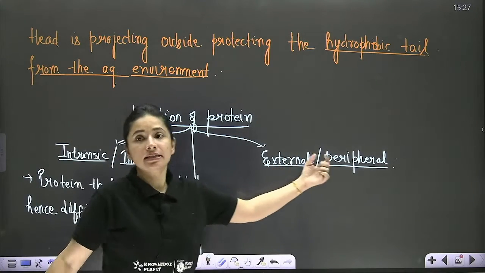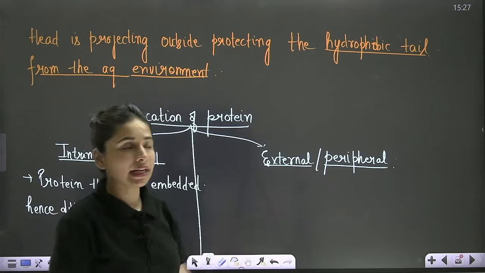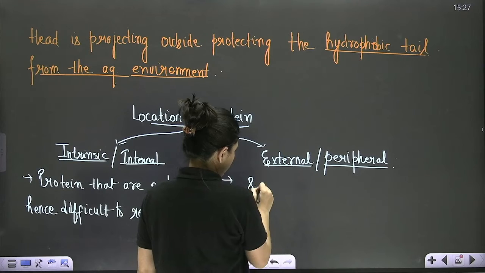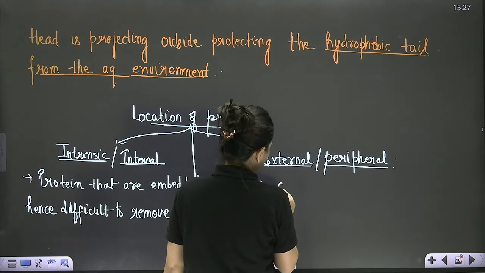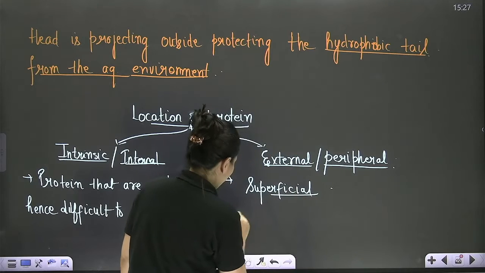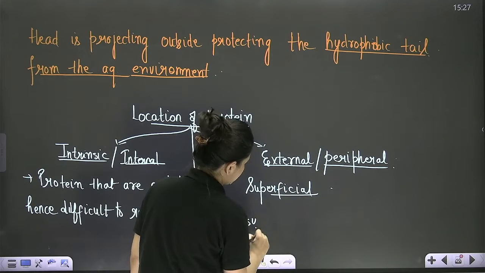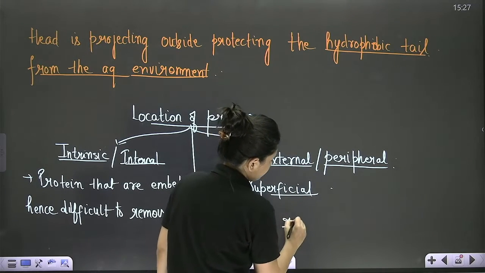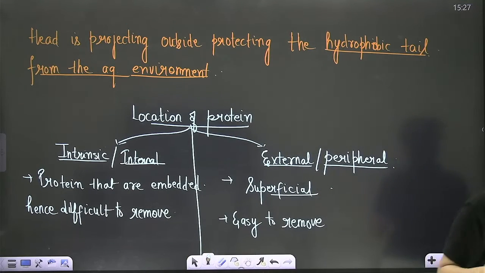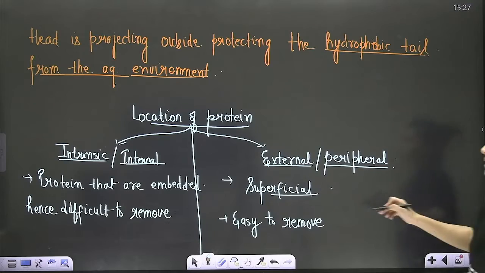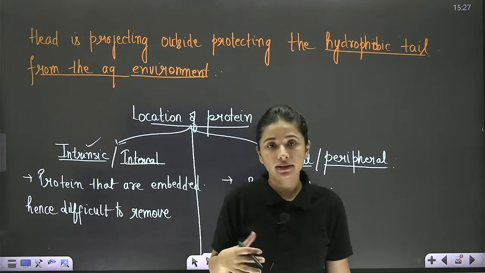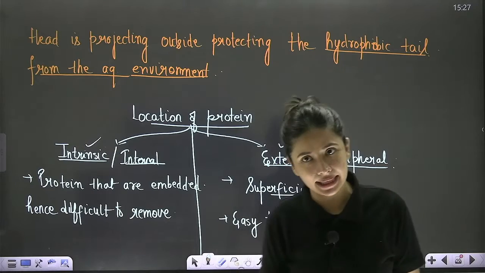Whereas external or peripheral proteins are those which are superficial, meaning simply present on the lipid layer, not embedded, hence they are easy to extract with the help of a simple blade or knife. Correct? Chalo. So I have told you the two types of protein theoretically. Let's try to understand with the help of the diagram also.